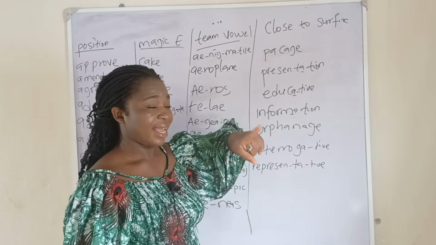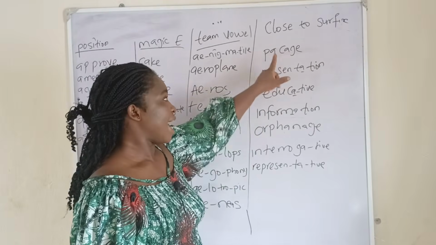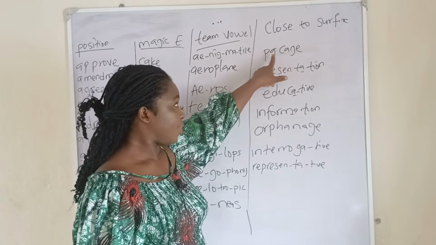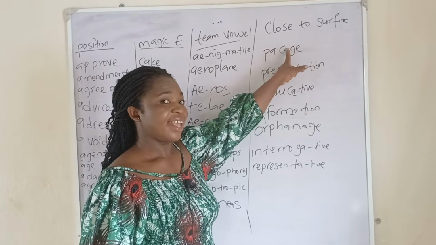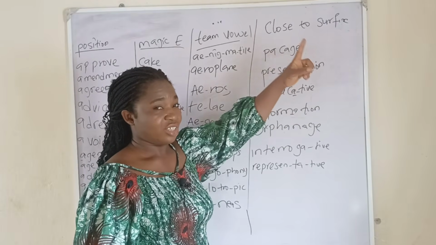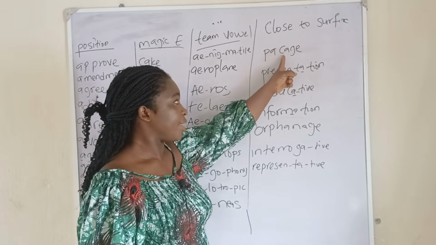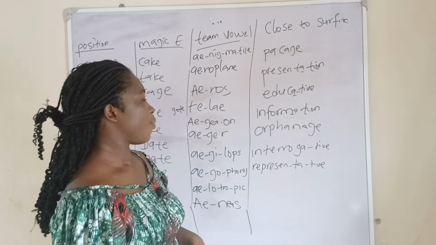Right here, the silent E is playing though, and it gave this the sound it is carrying, the A, but this was sounding A. It is package, cage. Did you notice the changes? It is pa here, A here, but A here, cage.